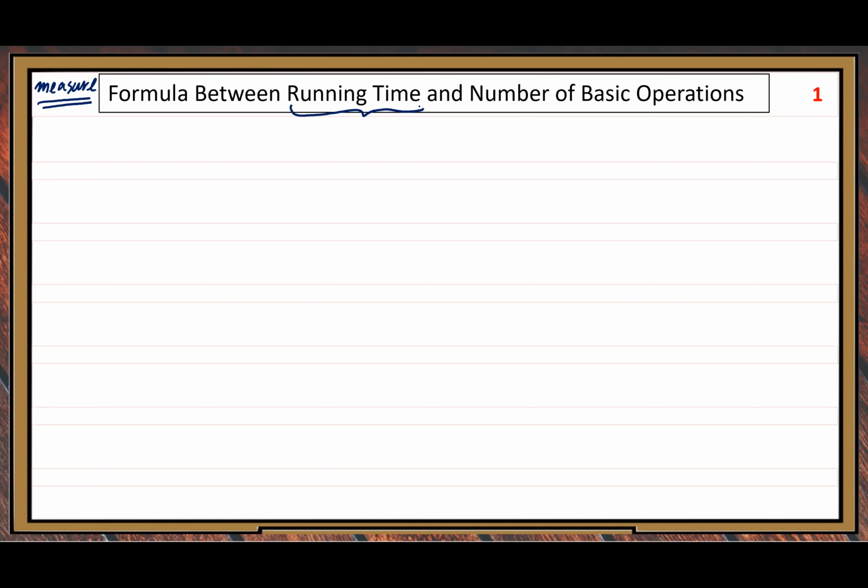We look at the execution time, okay? So that running time is the direct measure. Straightforward, direct measure. But that measure has a problem. It's not stable.